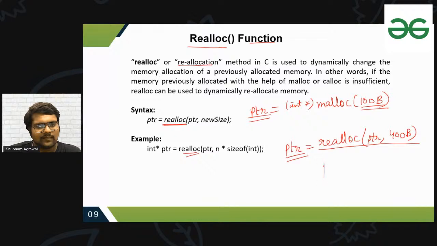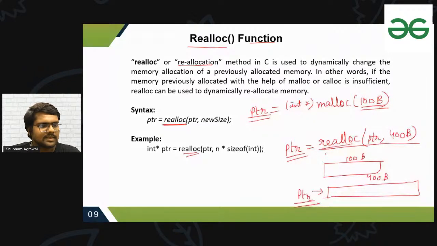Now a new memory of 400 bytes will be allocated, and PTR will point to this now. In this way the reallocation function works. This is the syntax for that, in which we give the previous pointer and then the new size of the memory location that we want.